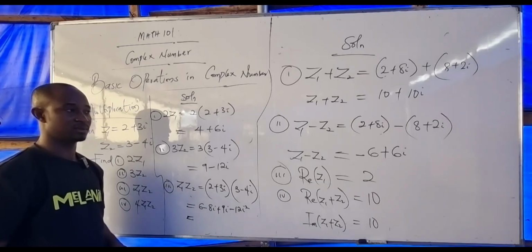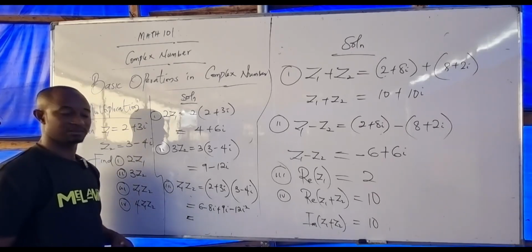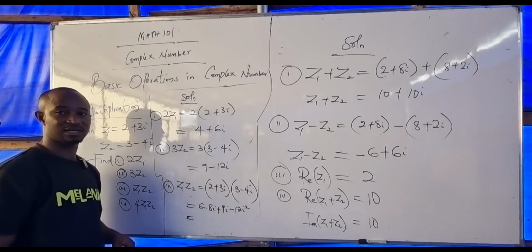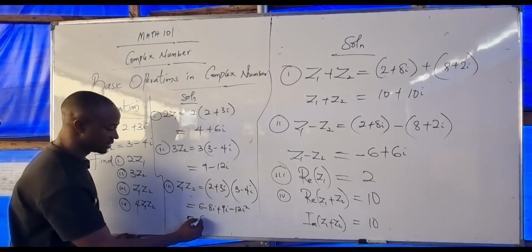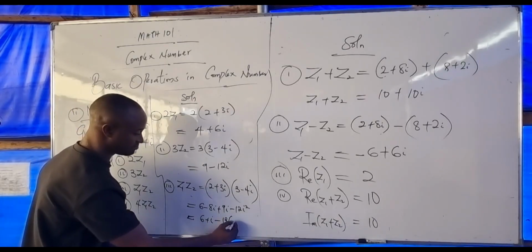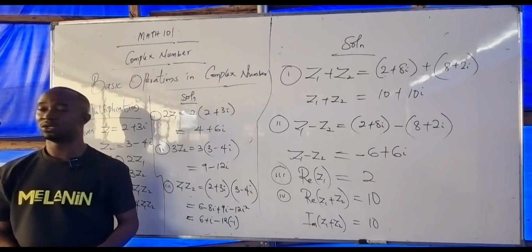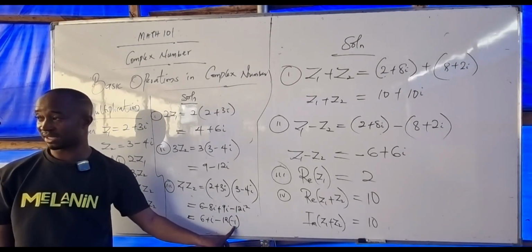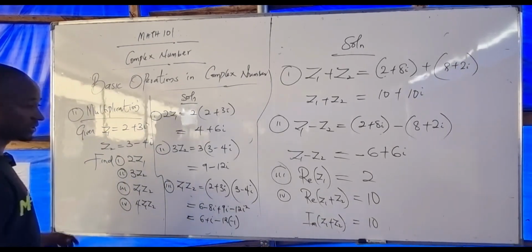Minus 8 is less than 9, so the answer will be positive. Exactly. So that will give us 6 plus i, minus 12 times what? Minus 1. Do you agree with me? So the value of i squared represents minus 1. Exactly. Okay, so let's finish up this.